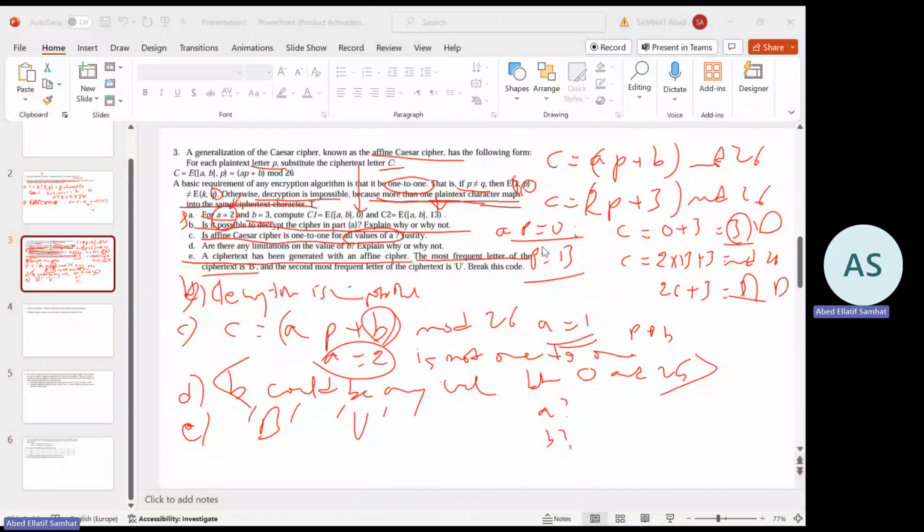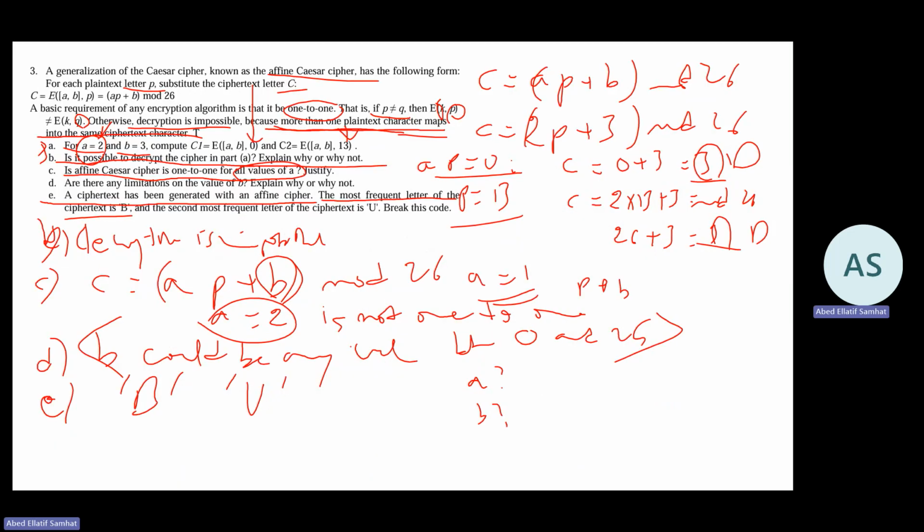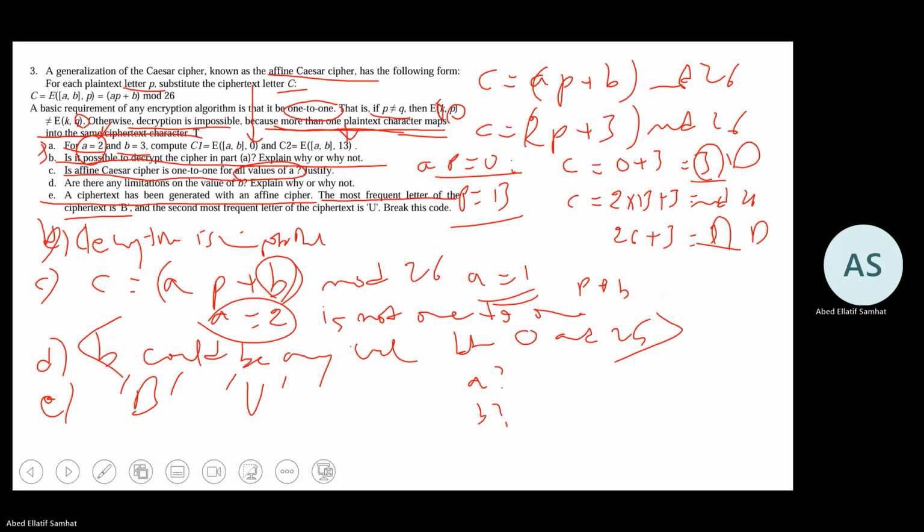So based on the frequency analysis, I expect that E will be B and T will be U. So E is equal to 4 and B is equal to 1.